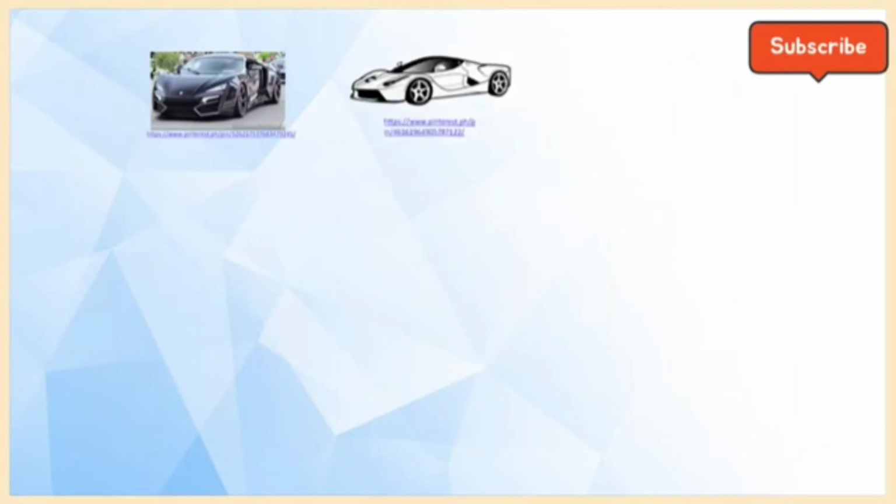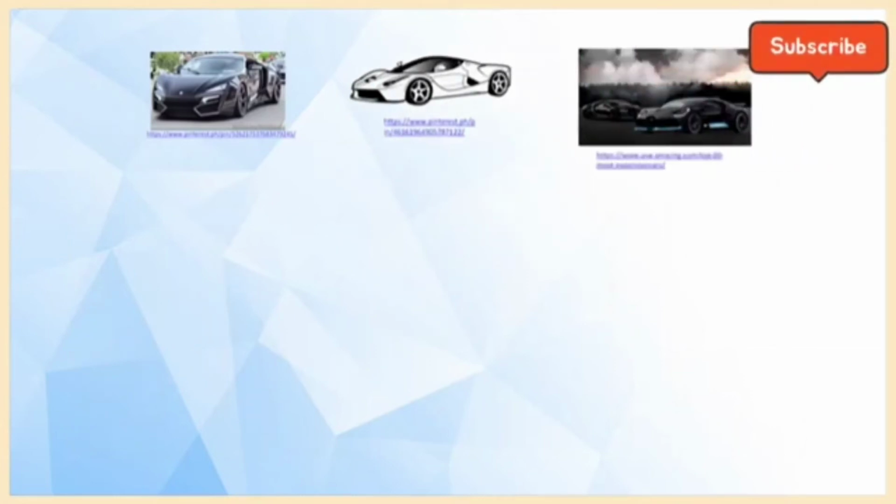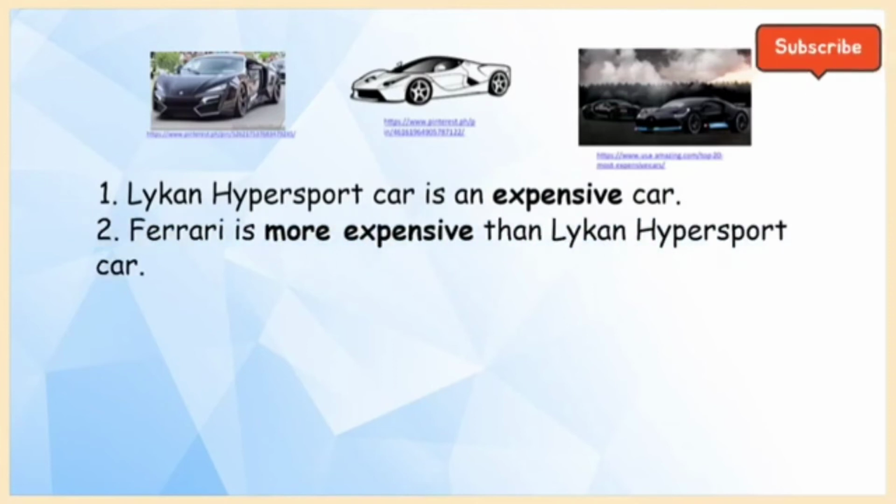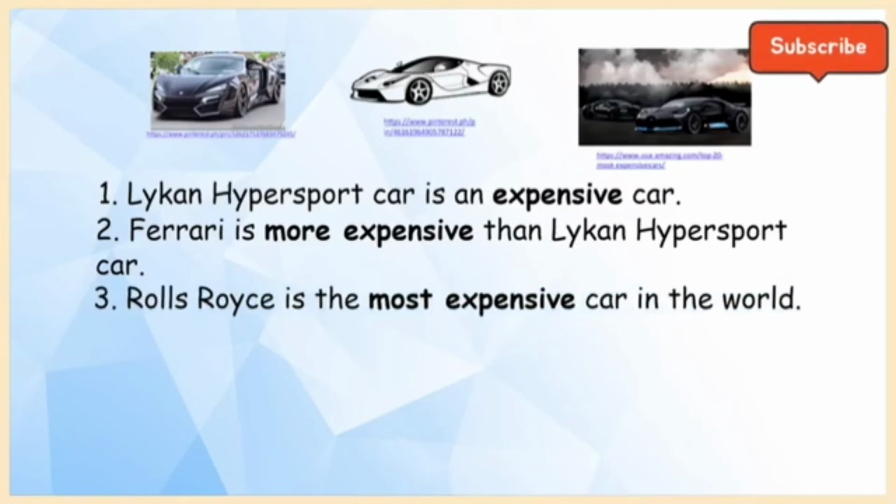Compare these three luxury cars. Read the sentences below. Lincoln Hyper Sport car is an expensive car. Ferrari is more expensive than Lincoln Hyper Sport car. Rolls-Royce is the most expensive car in the world. In sentence 2, which is comparative degree, what is added to the word before expensive?